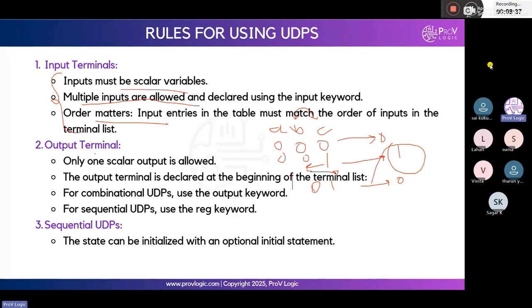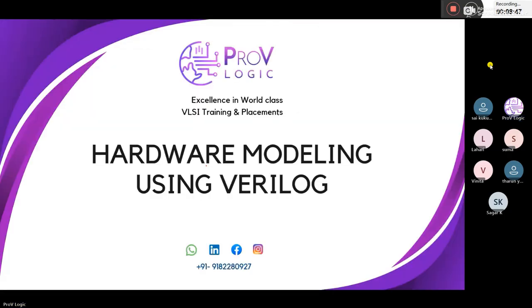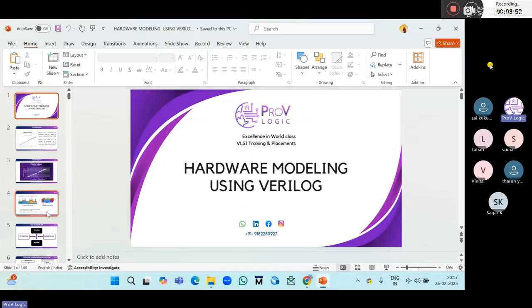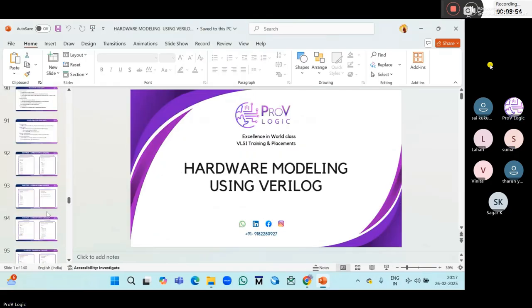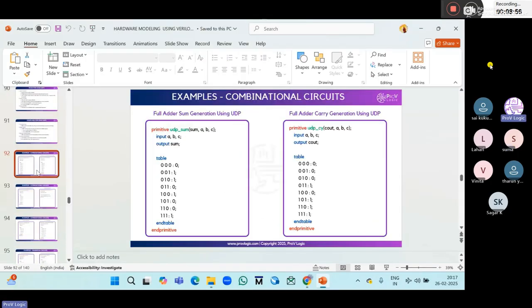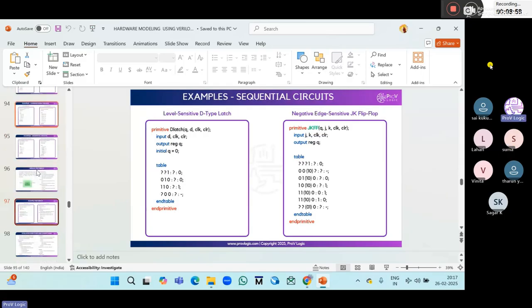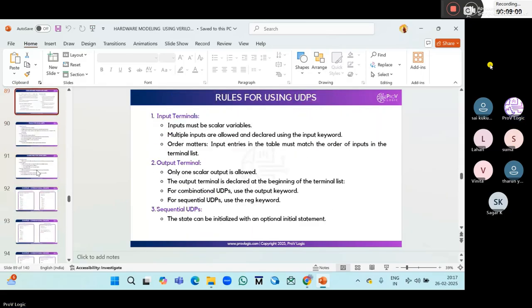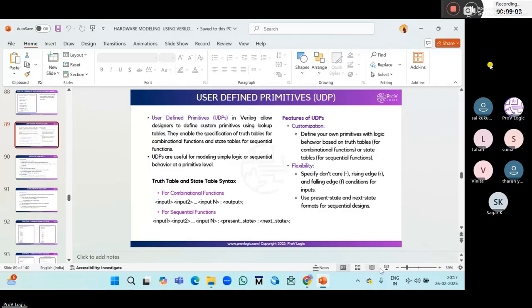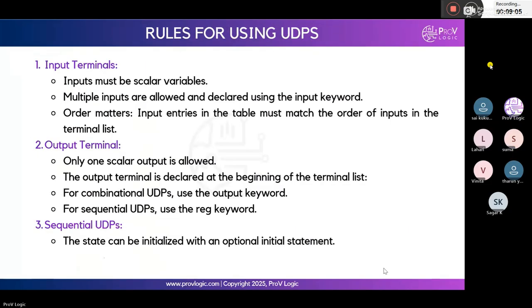Okay. Next, the output terminal. Even for output it is the same. Only one scalar output is allowed. Only one, and that too scalar, that means a single bit.